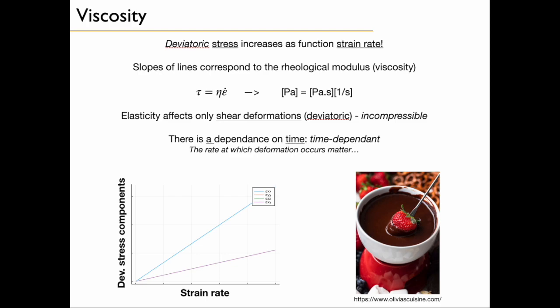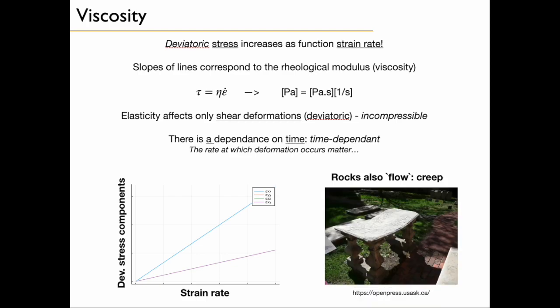But it's not only about food. Viscous deformations also matter for rocks, and that's an example of a tombstone here, which has been deforming. So you see a slab of rock which is bent downwards, and this is not an elastic deformation, it is a plastic viscous deformation that required time to occur.